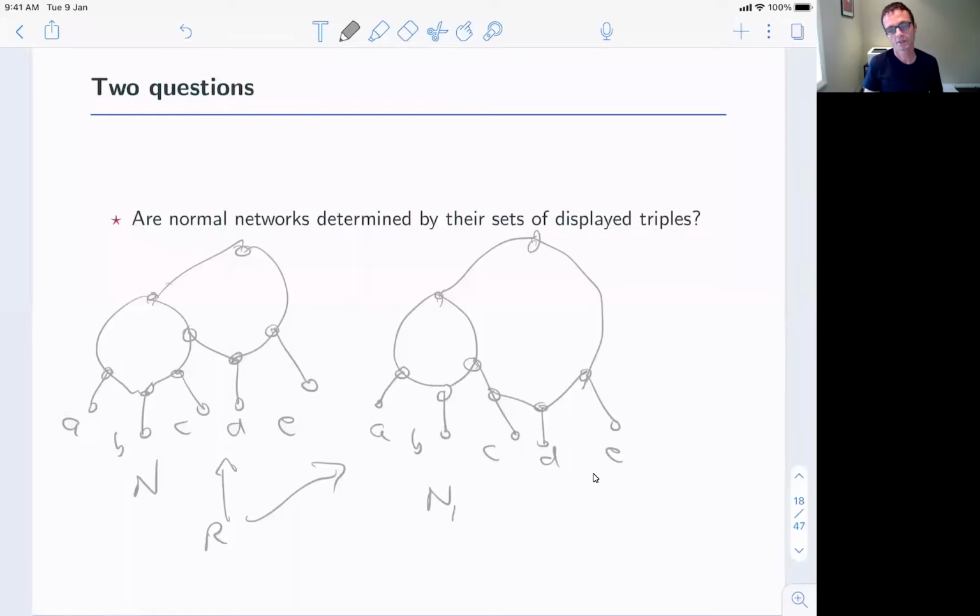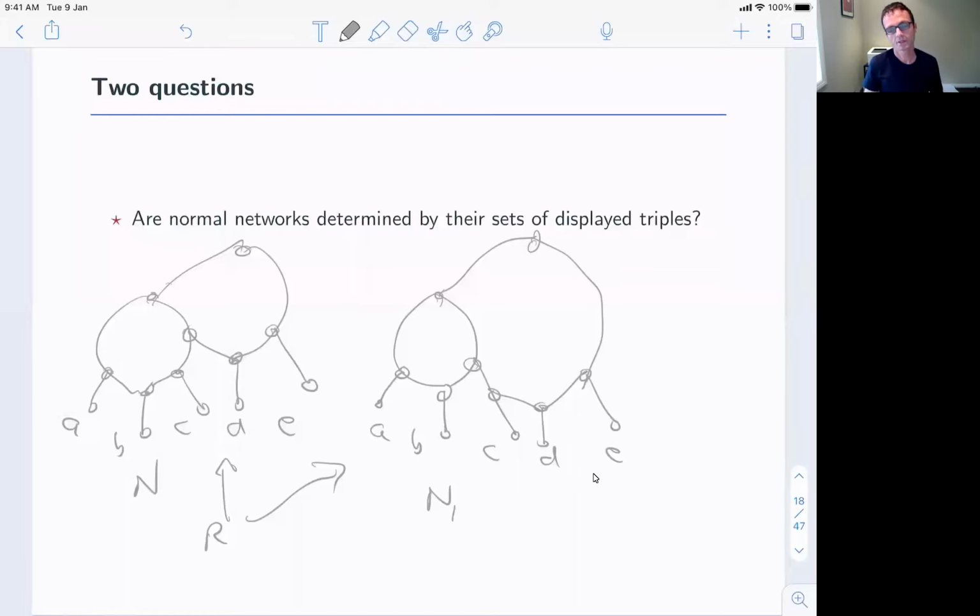All right. So remember, Stephen Wilson's theorem says, if I take a normal network on X and take the set of phylogenetic X-trees displayed by the normal network, then that's precisely the unique normal network with that display set of trees. It doesn't hold for tree-child.